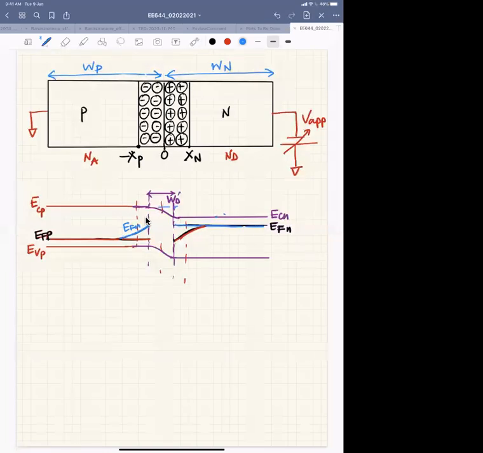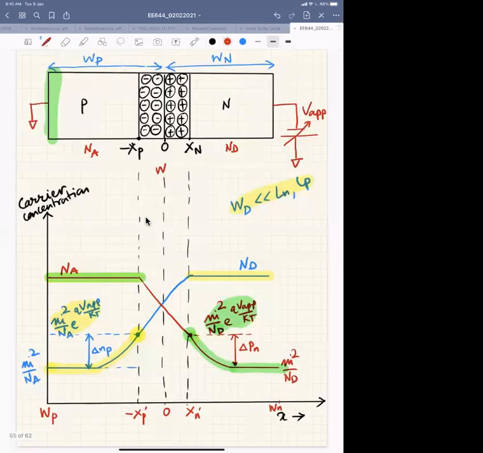And I have a gradient of EFN in the P side. Similarly, I have a gradient of EFP in the N side, right? But as I told you, you do not have any recombination and generation in the depletion region.